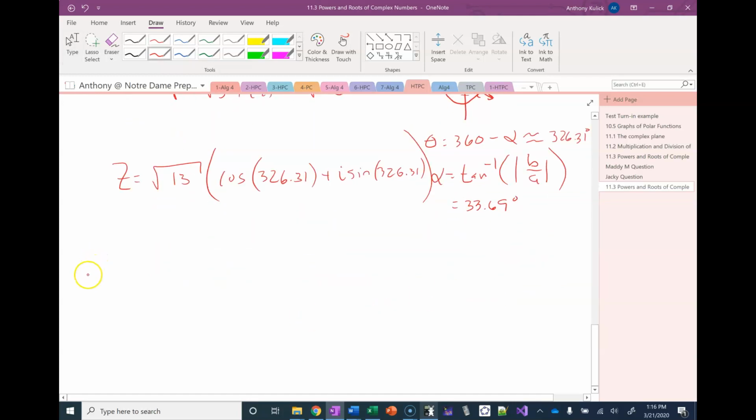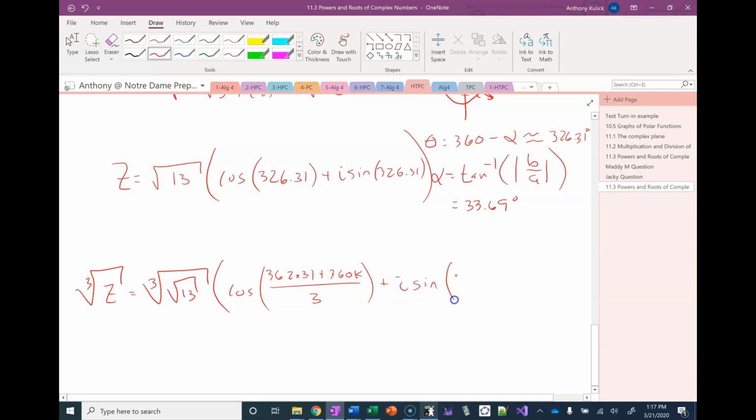Great. So if I want the cube root of z, then I'm going to want the cube root of the square root of 13 times cosine of 326.31 plus 360k over 3, plus i times sine of 326.31 plus 360k over n.